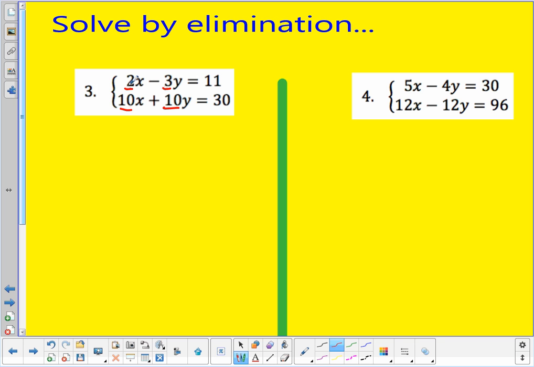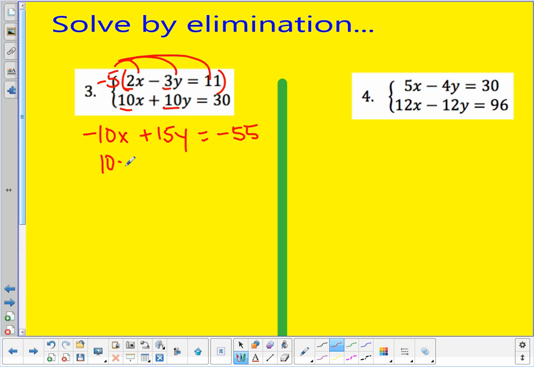I can very easily take 2 and multiply it by 5 to get to 10, but I need it to be a negative 10, so I'm going to multiply by negative 5. So if I multiply by negative 5, remember that it goes all the way across. I end up with negative 10x plus 15y is equal to negative 55.